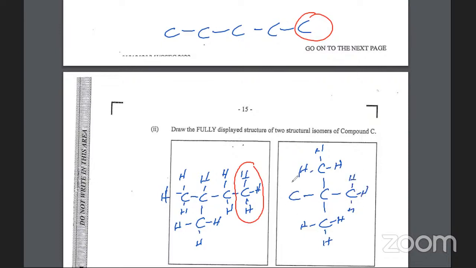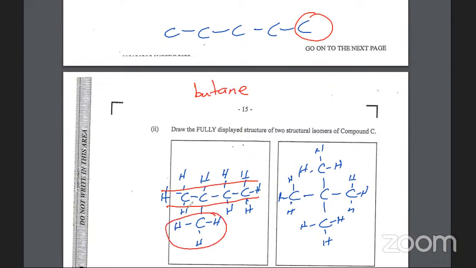If you were asked to name them: this is our main chain. It has 4 carbons. It is butane. When you have a CH3 group that is not a part of the chain, it is methyl.